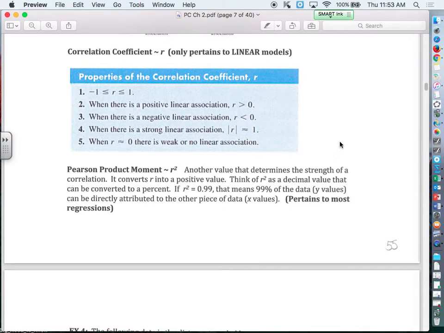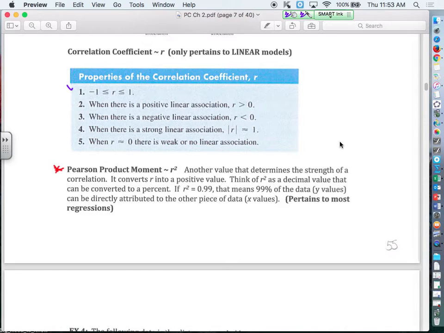All right, your calculator will give you this correlation coefficient for lines, this R value. Only linear models. This Pearson product moment, and we'll talk about that as we do other types of correlations. R squared takes that R value and disregards whether it's positive or negative, and it tells you how strong the correlation is by looking at a percent. If we go back up here, this R value will fall between -1 and +1.